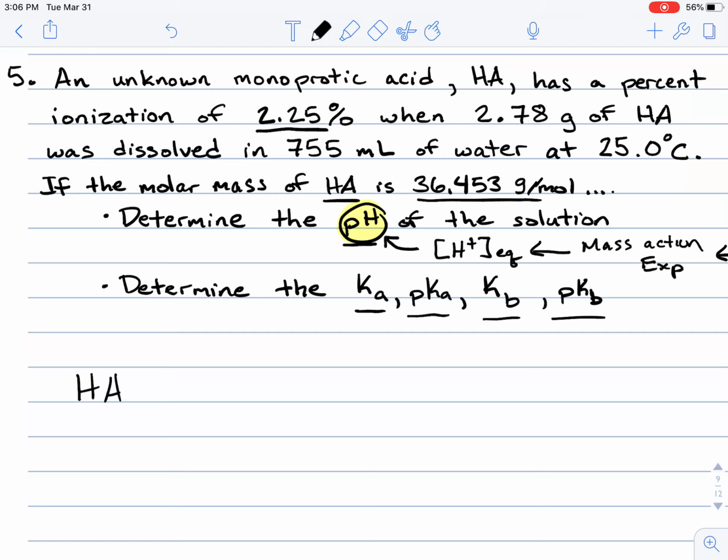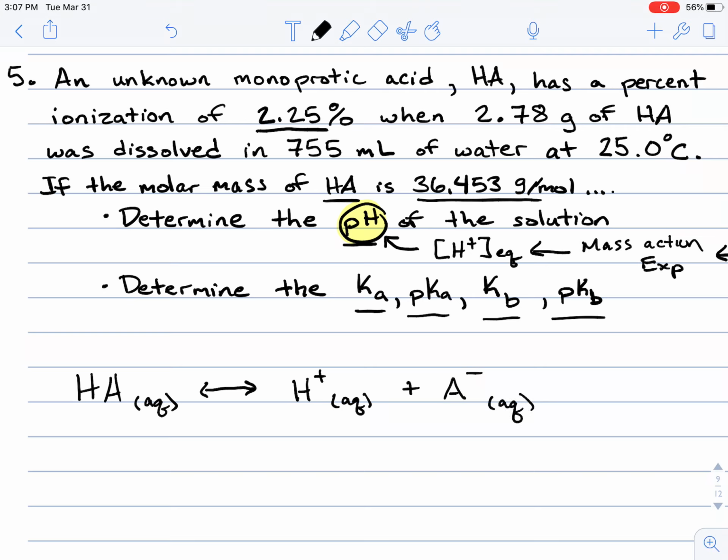And since we placed 2.78 grams of it in water, we know that it's going to dissolve, so its physical state of matter is going to be aqueous. And so when this monoprotic acid dissolves, a small fraction of it is going to produce the proton, and it's going to produce its conjugate base.